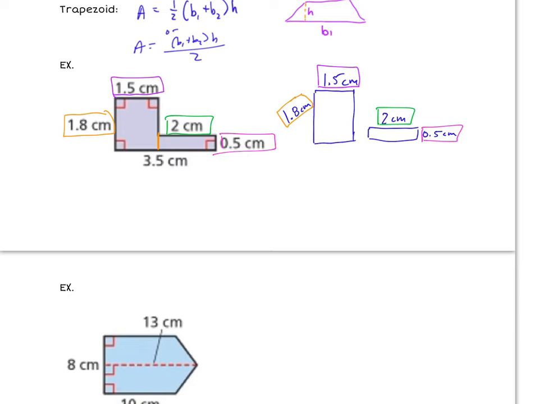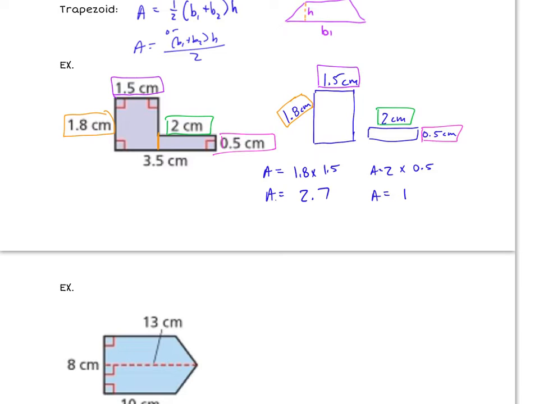So now we can do the calculations. We would do 1.8 times 1.5 and 2 times 0.5 for those shapes. For this one we get 2.7, and for this one you would get 1. So we have our two different areas. We're trying to find the whole shape, so we need to add our areas together.